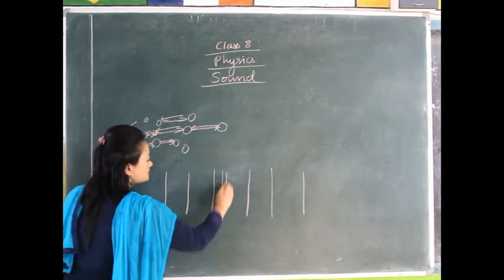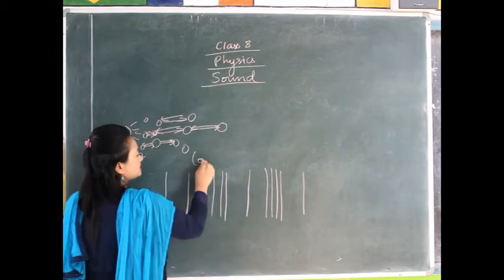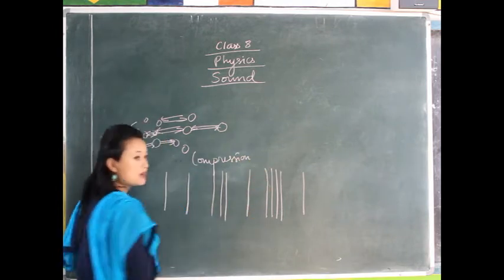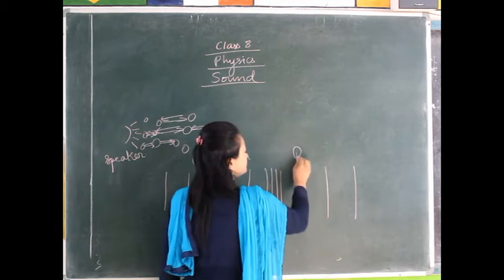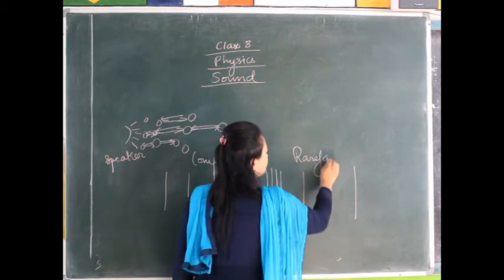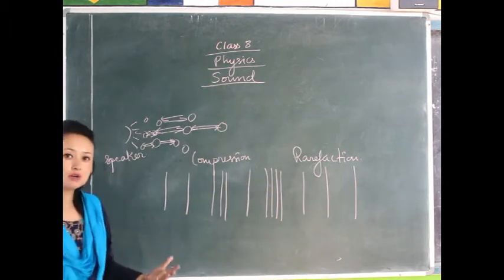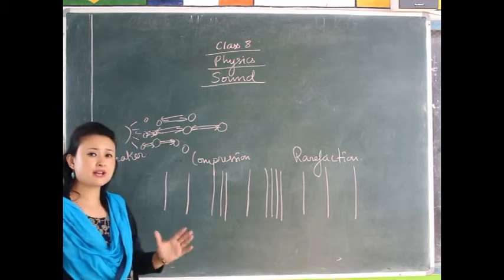When the particles come closer, we call it compression. And when the particles are in their normal position, we call it rarefaction. So sound travels in the form of compression and rarefaction.